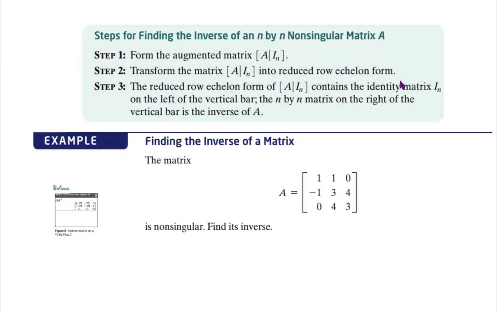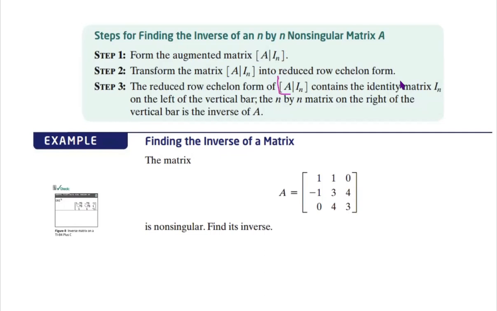So you see, that's your augmented matrix. You separate it, the A and the I on one side, and then you perform row work to get the I switched to the other side.